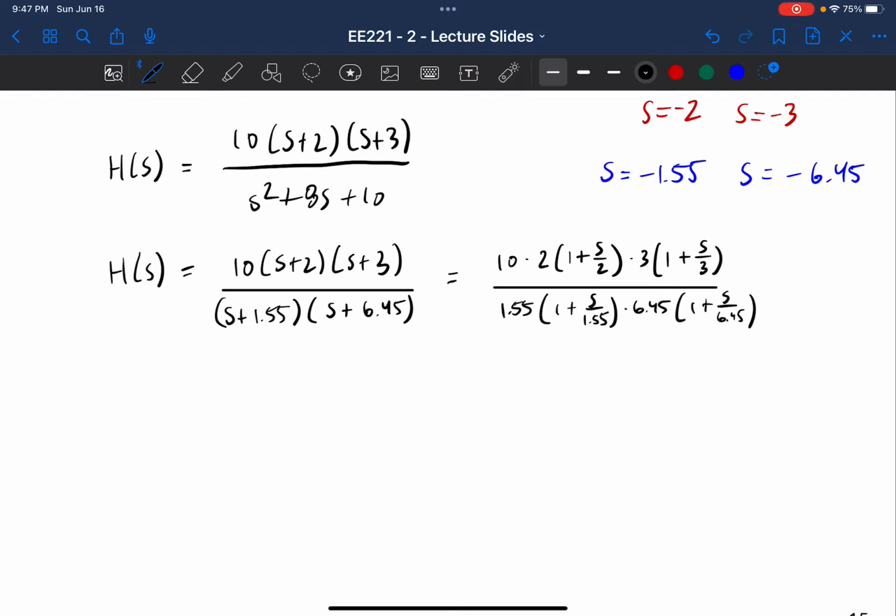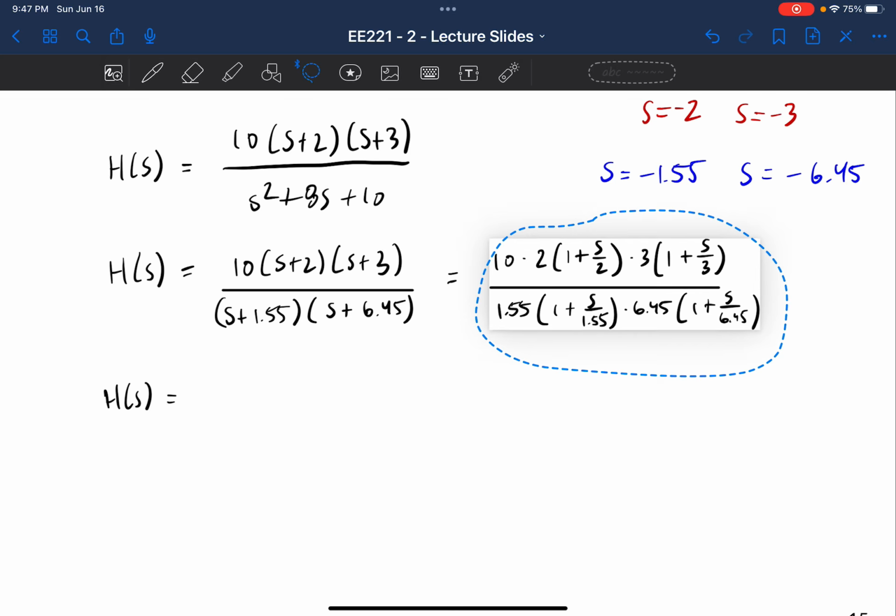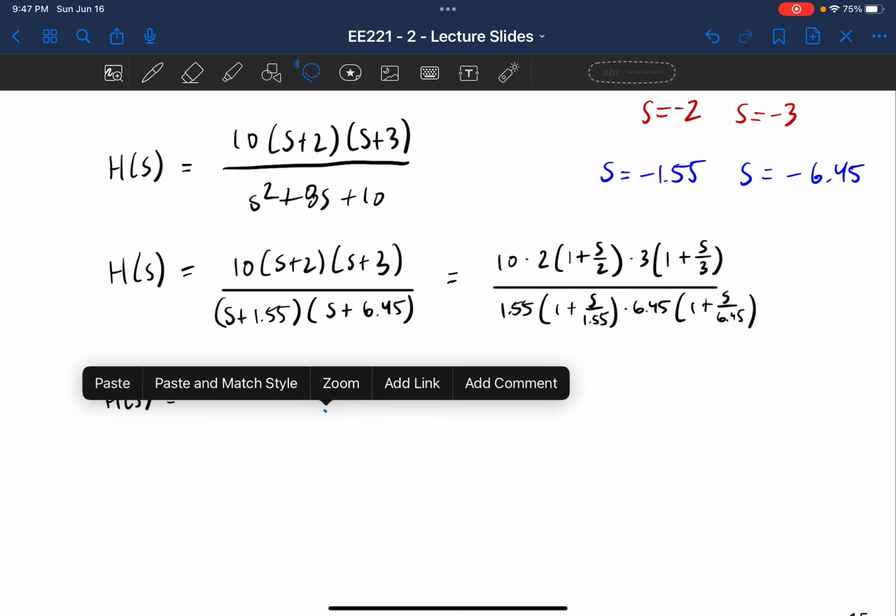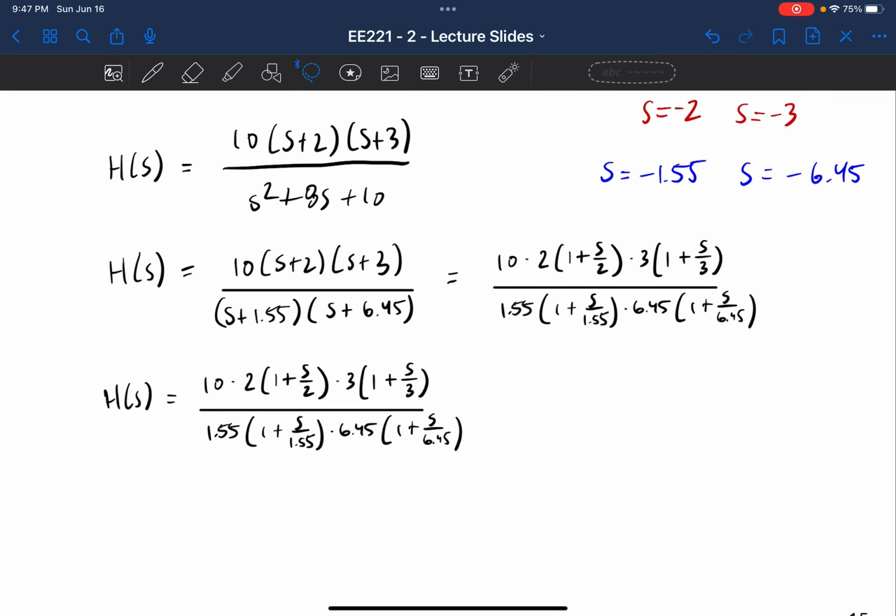Now I can rewrite this. I want you to notice that I can group all of the constants together. I can move these here, and do the same on the denominator, moving these two together.